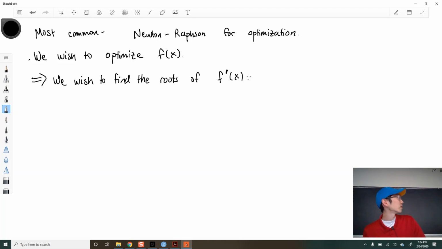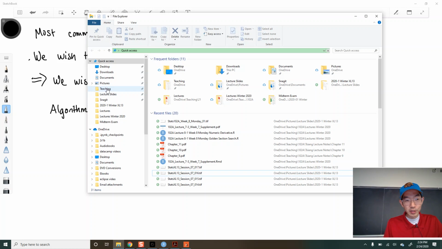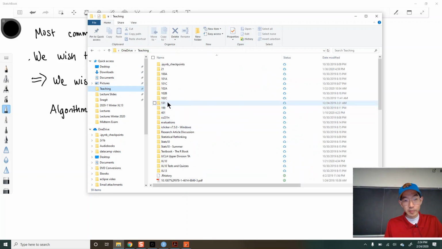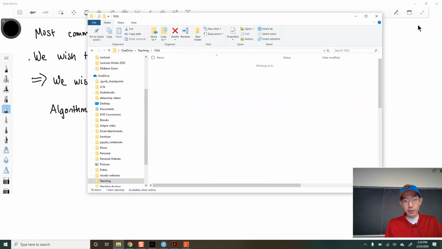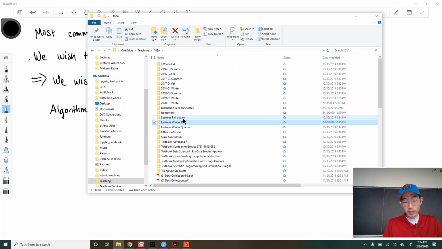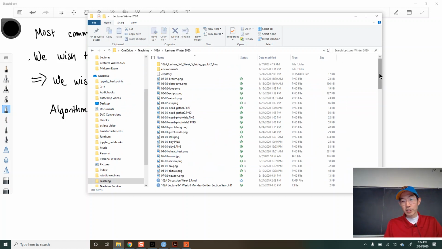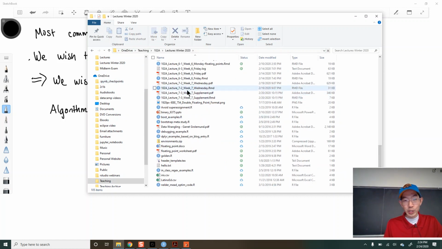So how would we find the roots of f prime of x? Our algorithm, let me pull up the notes for the root finding Newton-Raphson method. Basically, x at time n plus 1 is x minus f of x over f prime of x, but now your f is f prime itself.